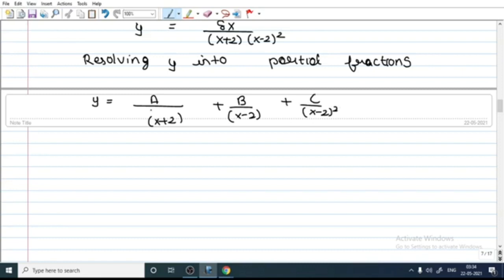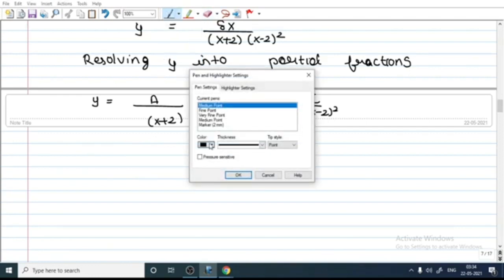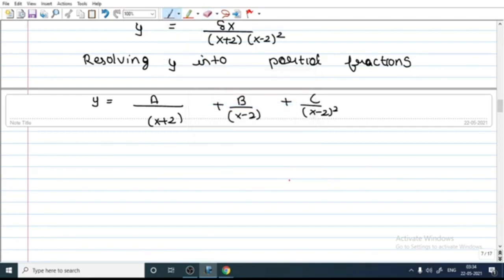So after this, what we can do is cross multiply throughout by x plus 2 into x minus 2 the whole square.